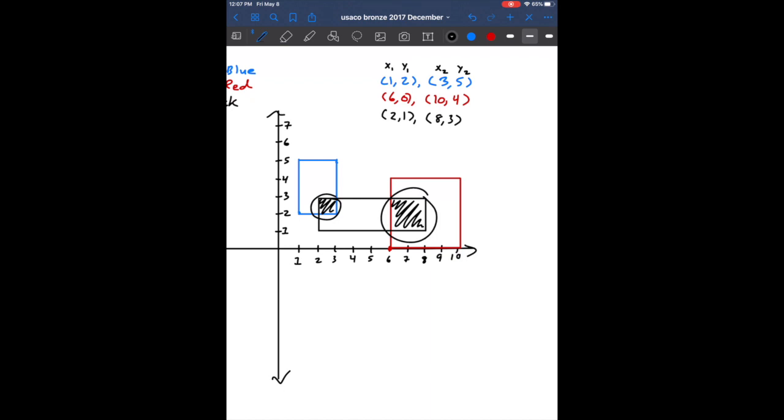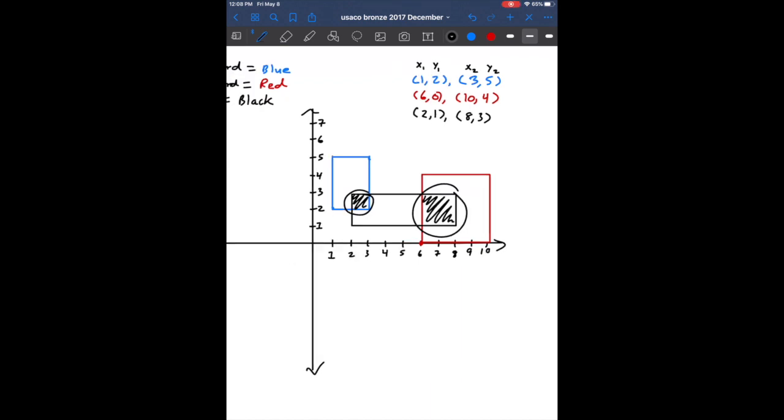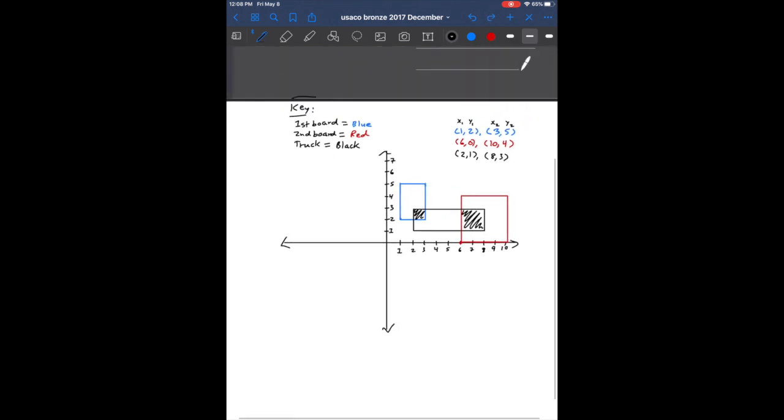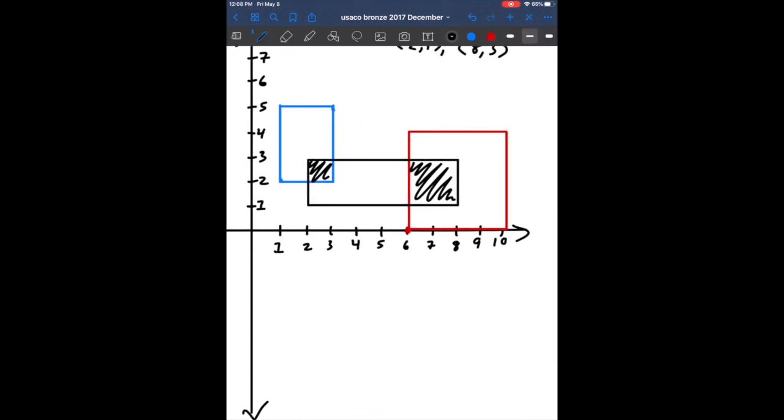So how will we go about solving this problem? Let me clear this board for a second. One way we can solve this is by finding the full area of each board, the red and the blue one, and then subtracting the intersection of the truck from it. The area of the first board: the length is 2 and the height is 3, so 2 times 3 is 6.